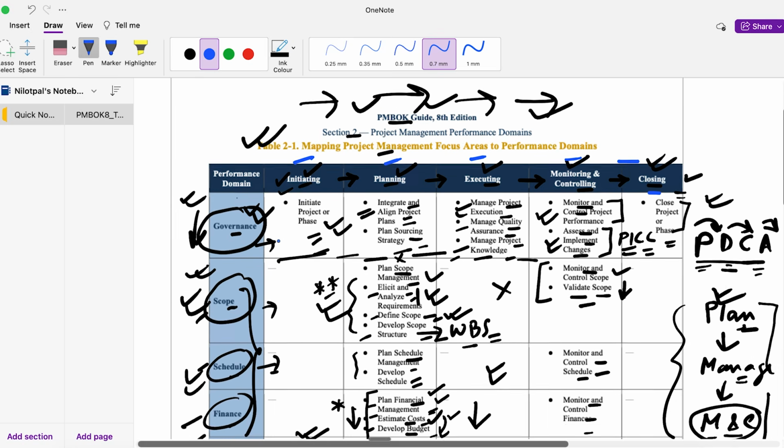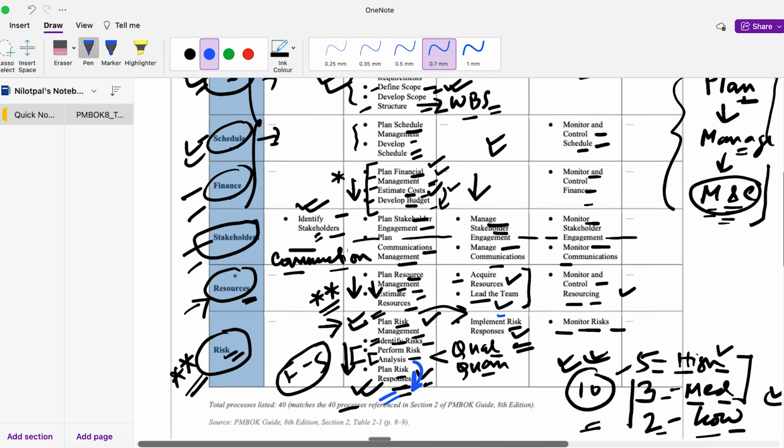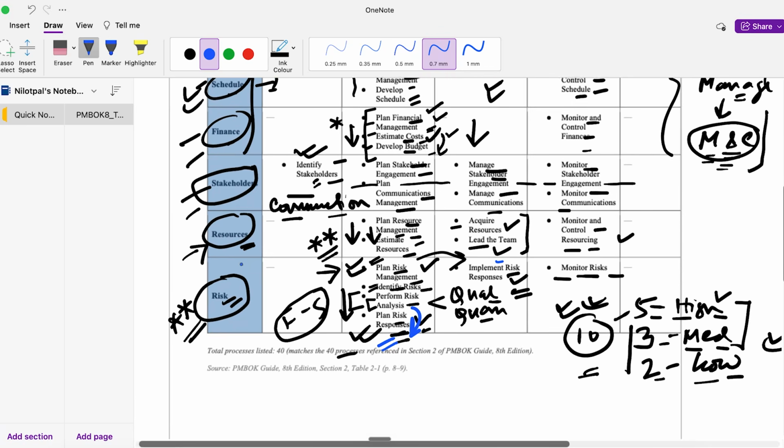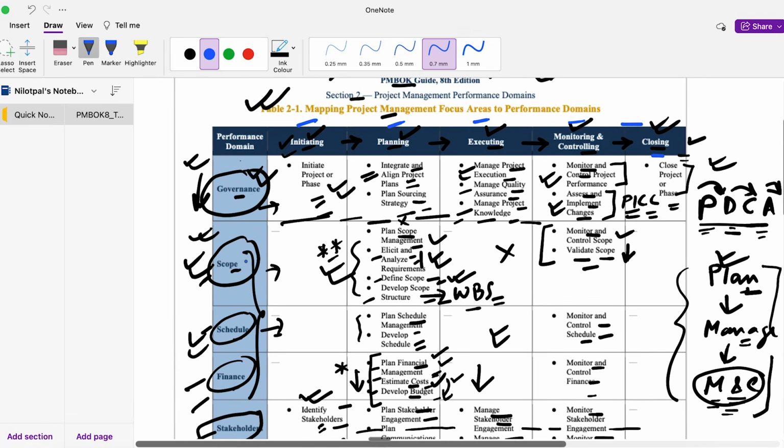We also learned that these performance domains, which are governance, scope, schedule, finance, stakeholders, resources, and risk, do not fall through any kind of sequence, but are intermingled as part of the project.